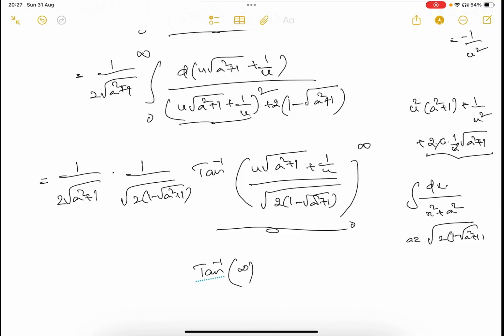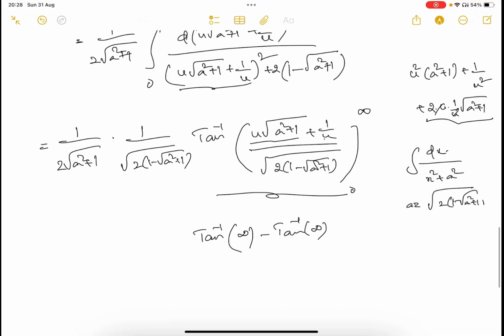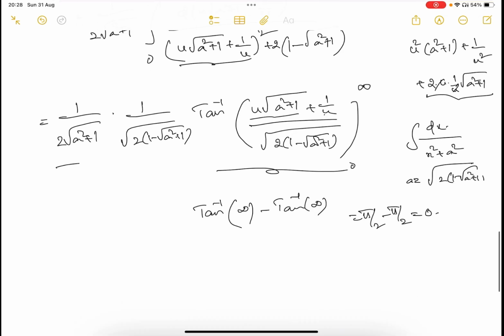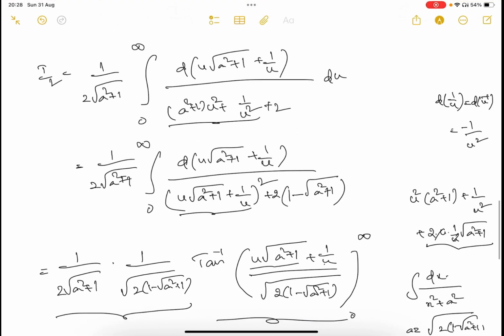If u equals 0, then this part will be 0 and this will be infinity, right? In a way, this is pi by 2 minus pi by 2, which will be 0. That means these constants into 0 will be 0. That means I2 is 0.